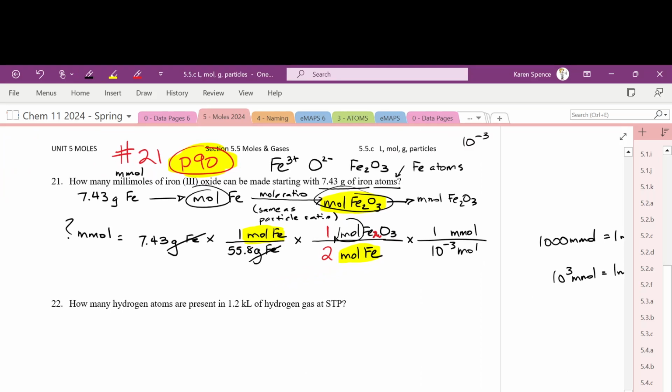We churn that through our calculator, 7.43 divided by 55.8, divided by 2, divided by 1E negative 3, equals 66.577, which rounds to, we need 3 sig figs, 66.6.